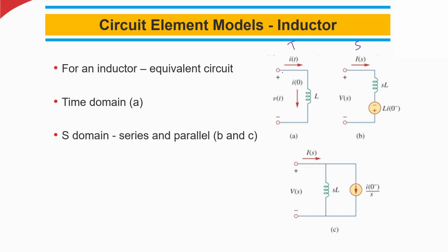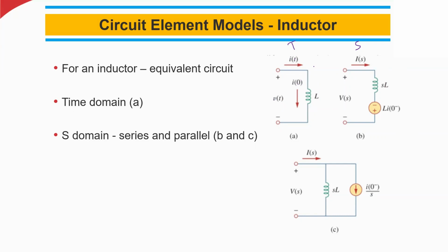Because of this voltage, there is a current I of t across this inductor L. The inductance value is L, maybe 10 millihenries, let us take our example. What is I of 0? This is the initial current before we apply this voltage. I of t is the current flowing through the inductor L because of this applied voltage.